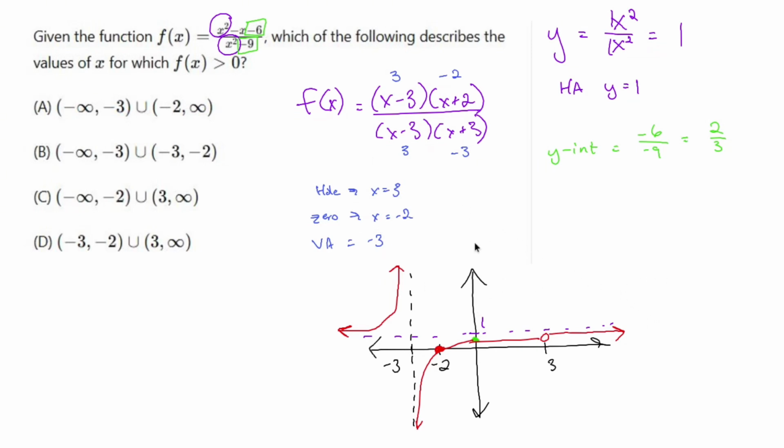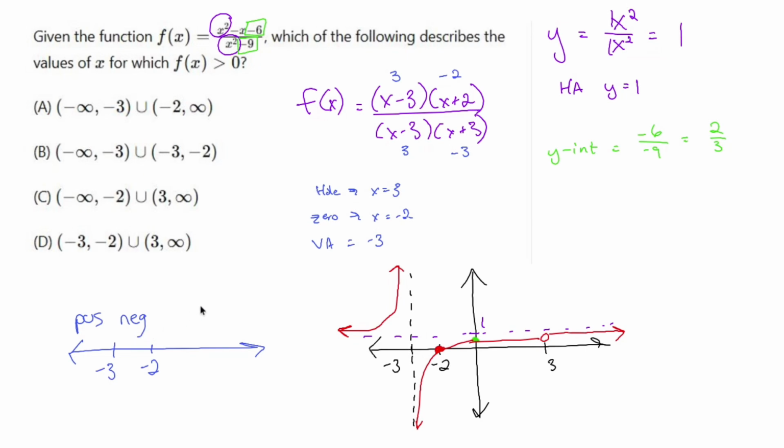Now what I'm supposed to do is find out where this is greater than 0. It's going to be positive all the way up until negative 3. Then from negative 3 to negative 2, we're negative.